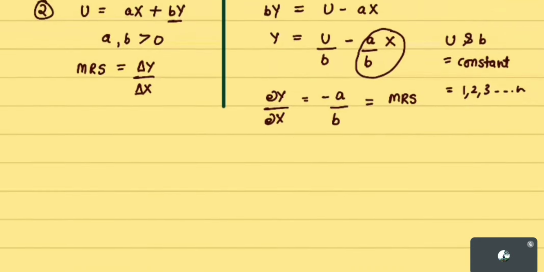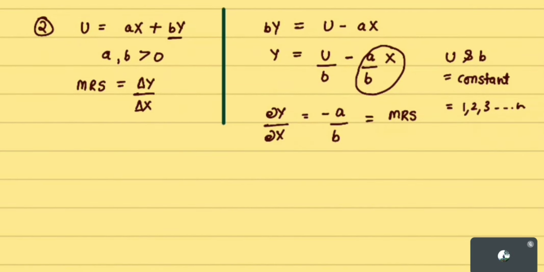Using the particular equation, how do we find the shape of the particular curve given the function? So here it is a negative sign, that means there is an inverse relation between y and x. Okay, first.